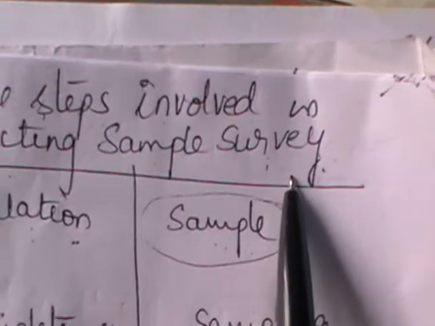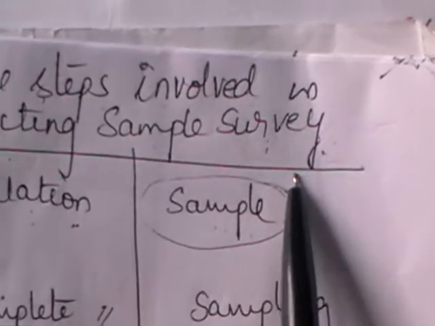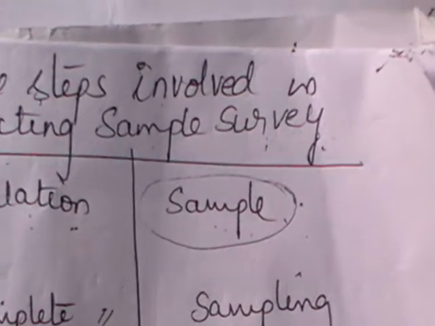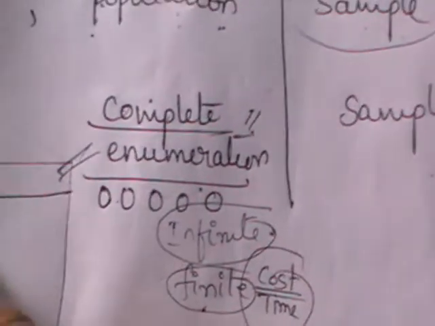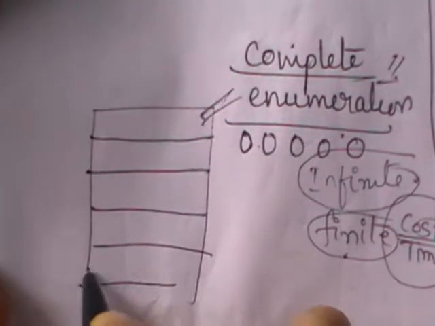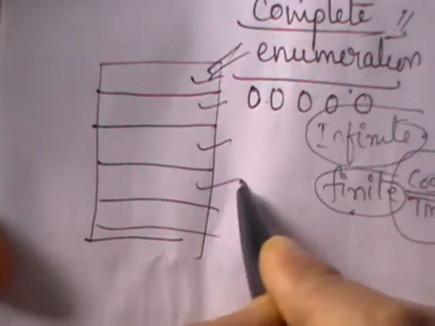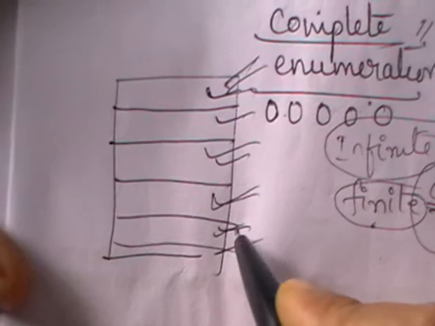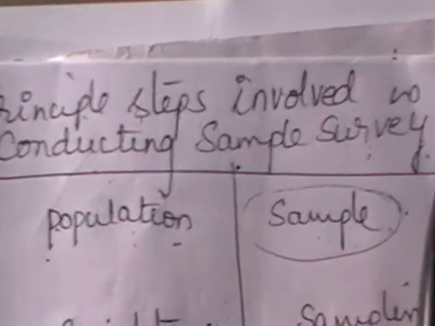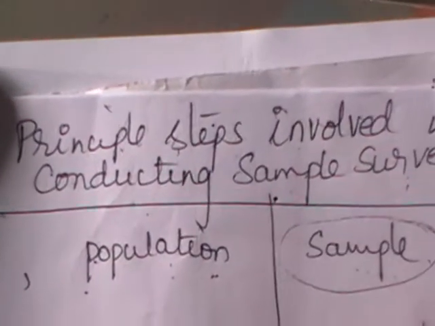Not only your practical, everything needs a plan. You cannot do everything bluntly; whatever task is given to you should be divided into a number of independent parts. Similarly, before conducting a sample survey, it should have principal steps.